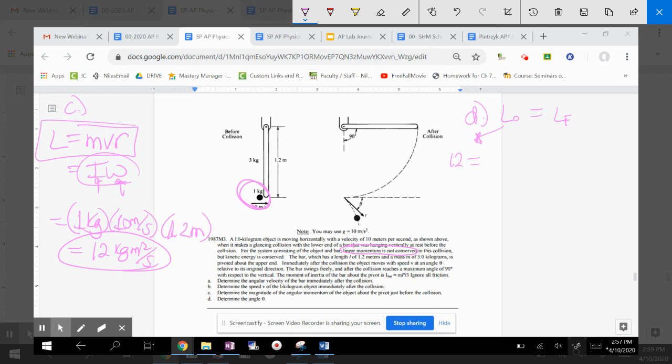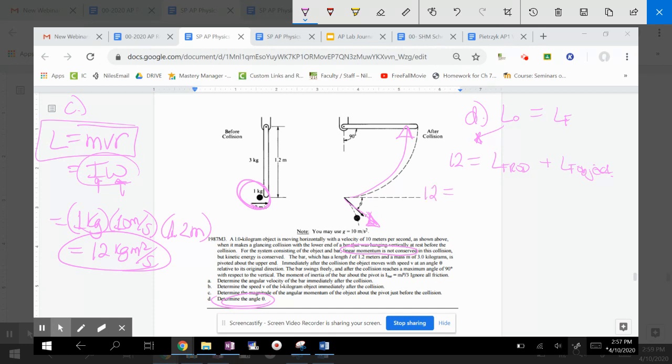It's 12. And then I have two objects in this system. I have my 1 kilogram thing, which is going this way, and then I have my rod, which is going this way. So I'm going to say L final of the rod plus L final of the object. And I'm looking for angle theta.